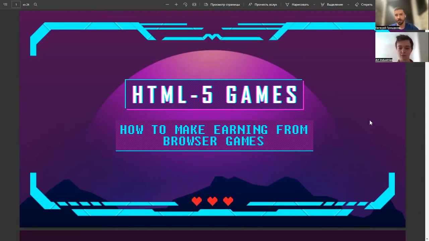So I'll tell you right off the bat, HTML5 games are basically browser-based games. It's like the old days when there were Flash games, but now they're kind of an adaptation of Flash. Their story is over, as I understand it. And now the site admins who used to take Flash games began to insert HTML5 games on their sites. In fact, this theme also lives, they just switched a little bit.